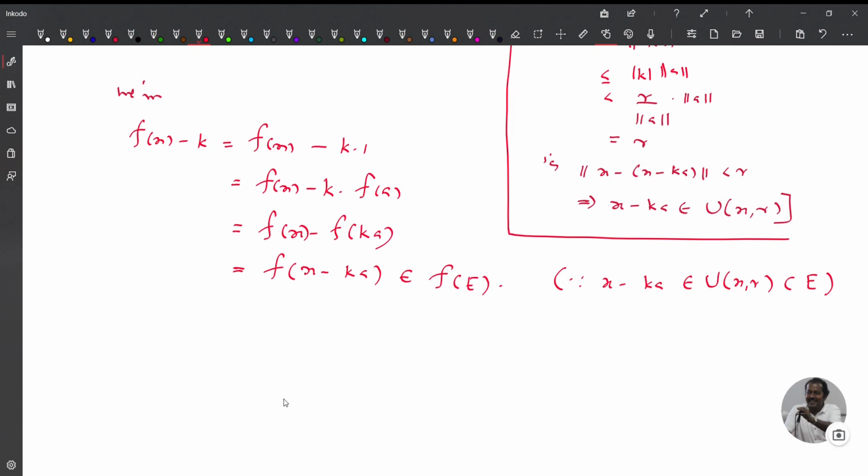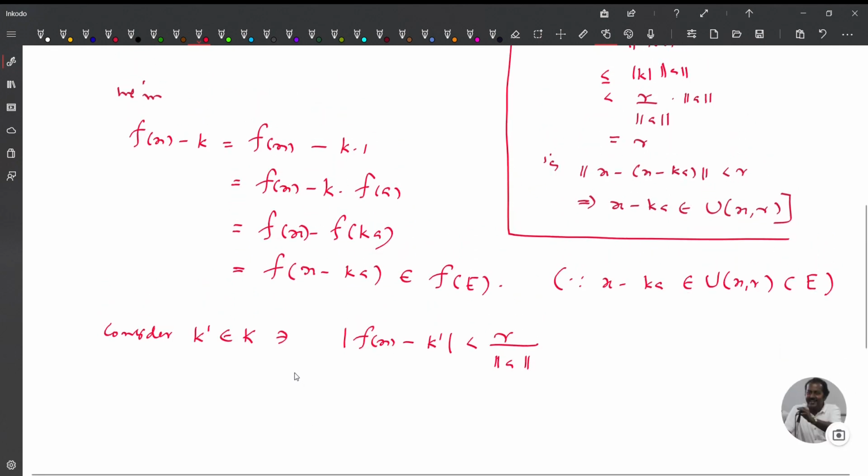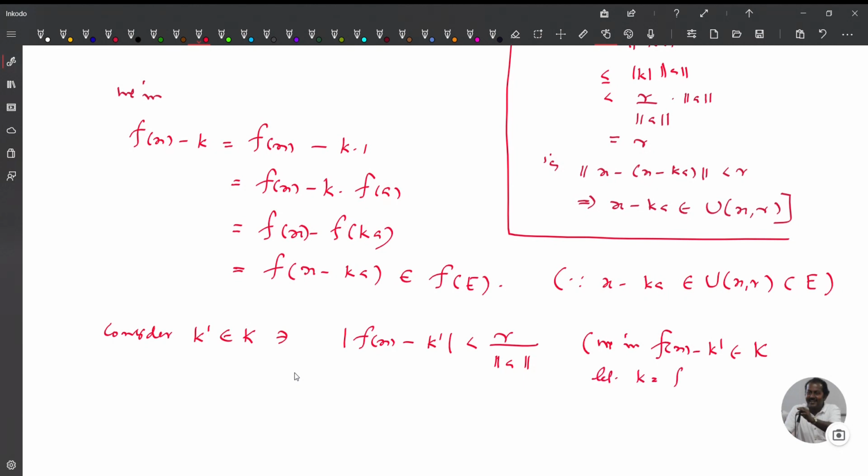We consider k dash in K such that modulus of f(x) minus k dash is less than r by norm a. Then you know f(x) minus k dash belongs to K. So you can let k equal to f(x) minus k dash.